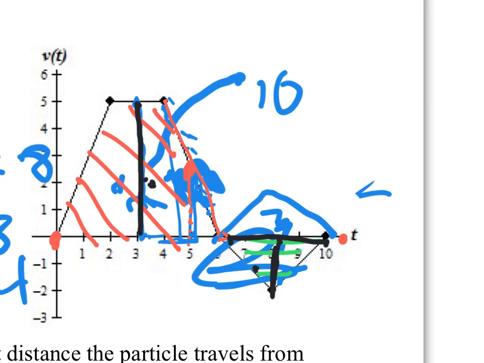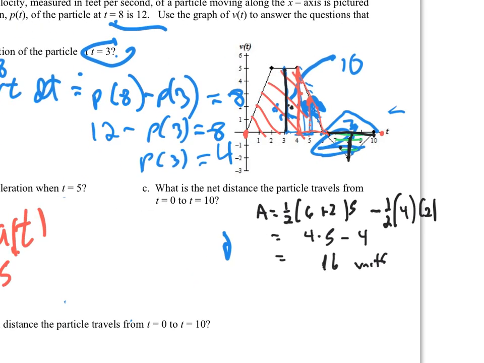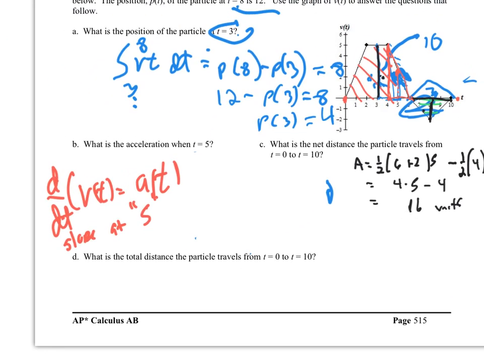So it looks to me like the rise is 5. It's a negative slope. The run looks like 2, so 5/2, and I'll have to say negative. So it would be equal to a negative 5/2. And acceleration would be always in units per second squared.